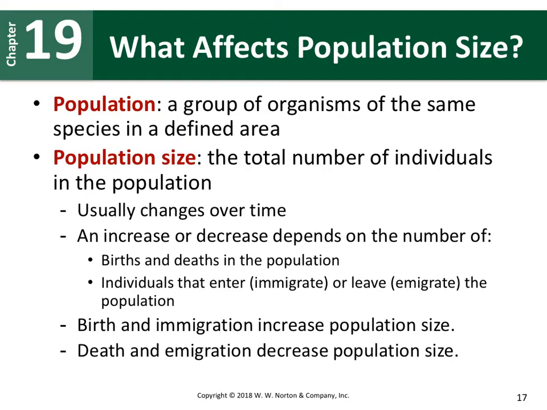If a population is growing, well, first you have to be able to say what the population size is. So you can measure that, and then you can see what happens over time to it. It can go up, it can go down, it can go extinct. It can not change. It can be fairly stable.